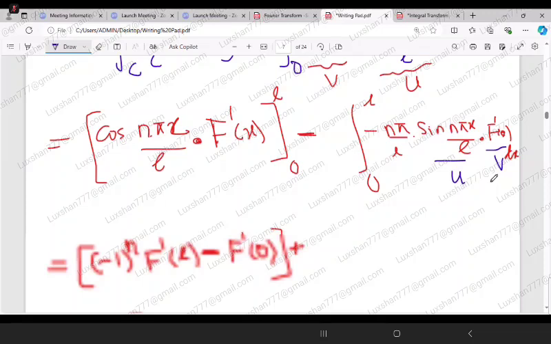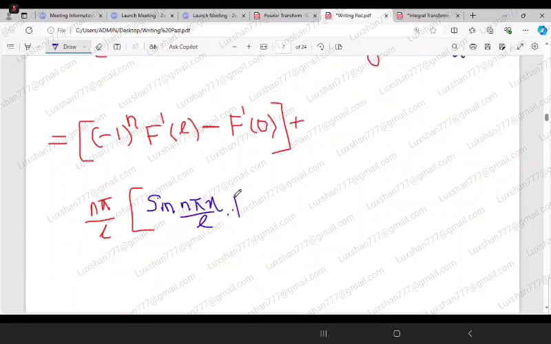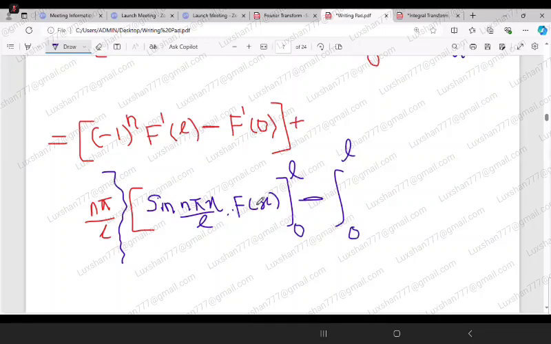So integration of first derivative is fx. So here I want to substitute 0 to L, minus integration 0 to L derivative of this one.